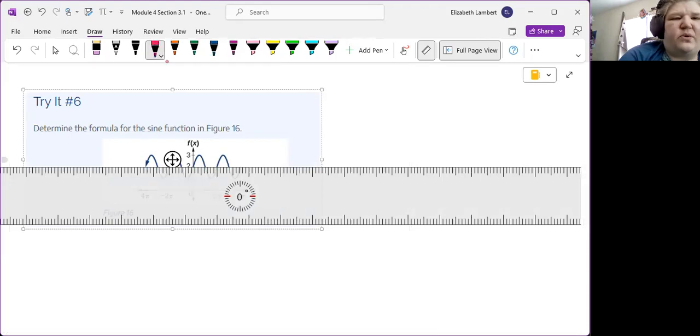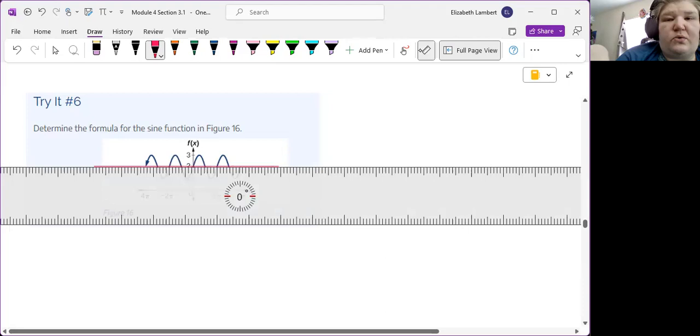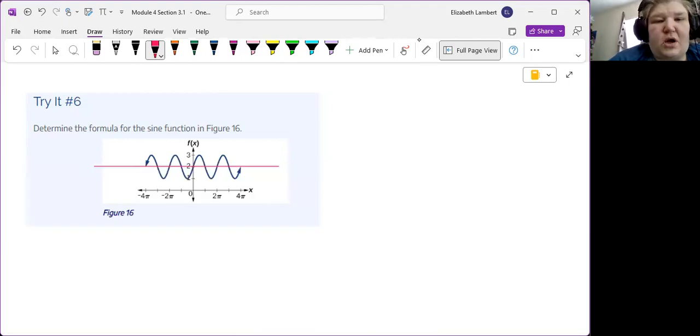So I'm going to use my ruler to draw a straight line close to where the center line seems to be. So that's 2. All right, so we can see we've got a vertical shift of up 2.